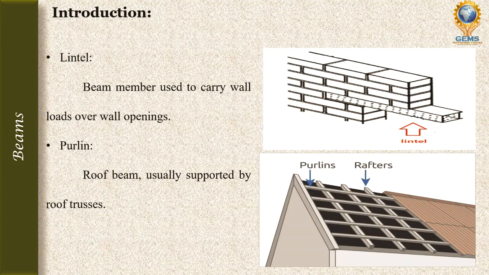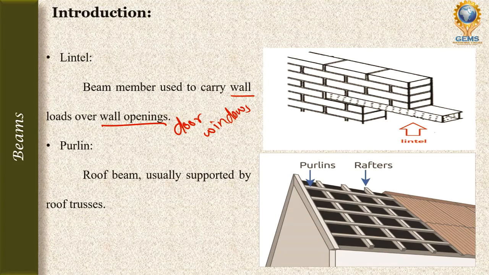Next is the lintel beam. The lintel beam comes over the wall openings, like door or window openings. Above a door or window there is a wall opening, and in that we will have this lintel beam.